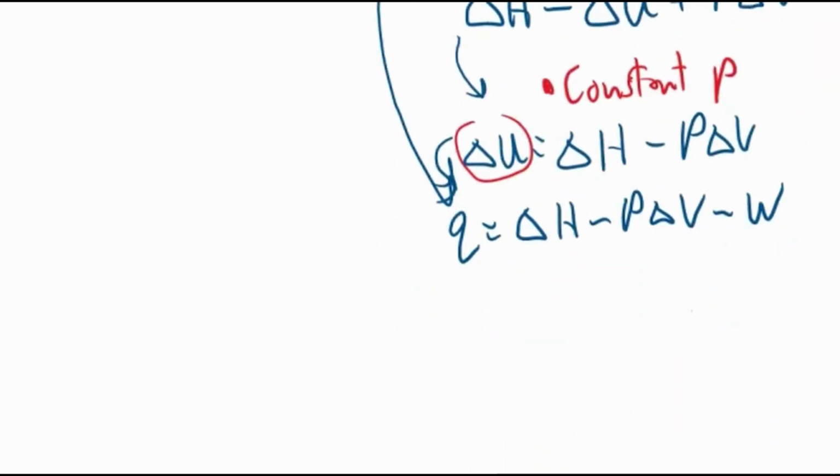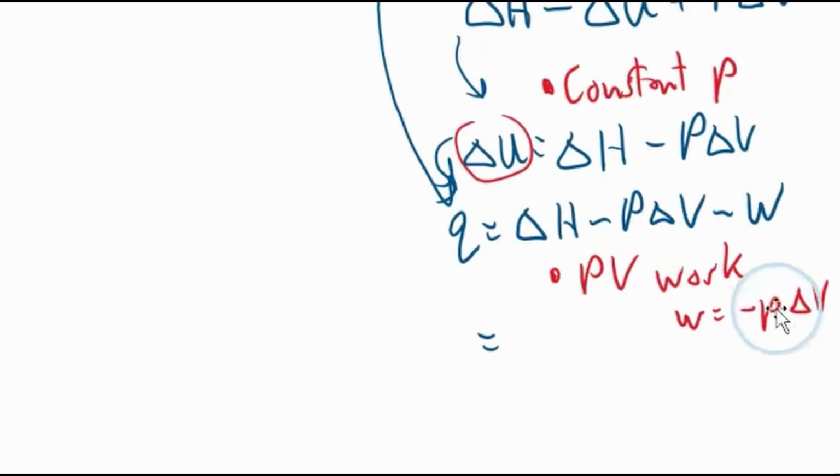And the work, if we allow only pressure-volume work and no other work, no electric work or whatnot, then work is equal to negative P delta V. Remember, pressure is constant. Work done on the system is positive, work done by the system is negative.